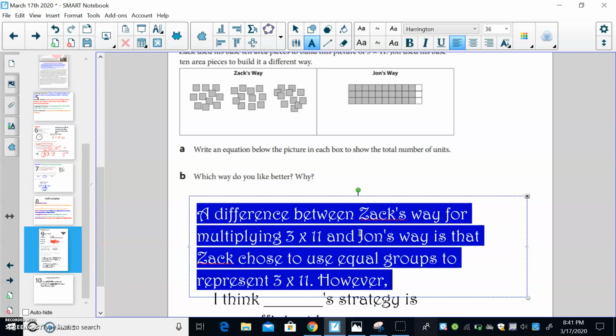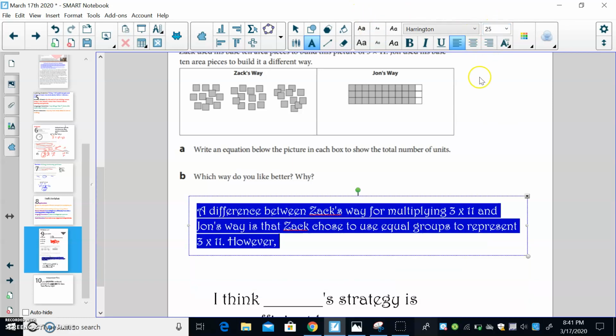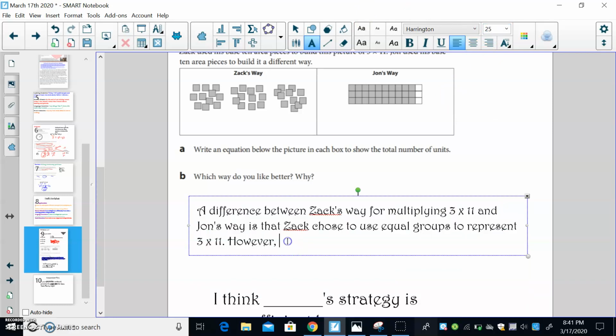However, John chose to use an array, or you say at home, area model, which is something you're going to see in 4th grade. So he chose to use an array or area model.